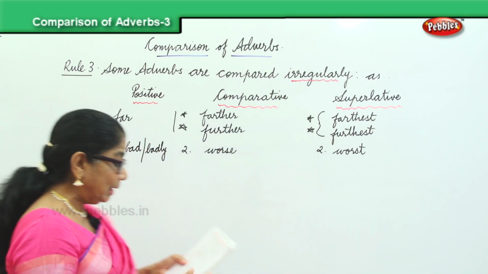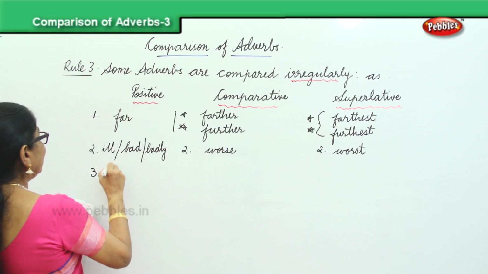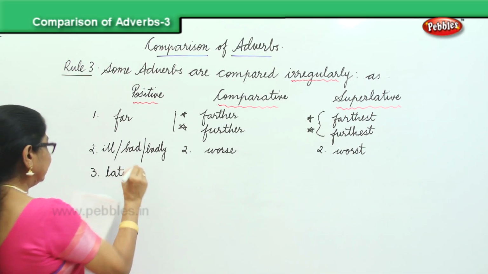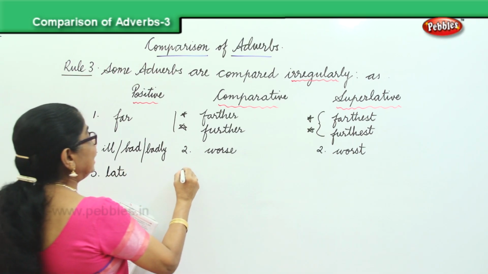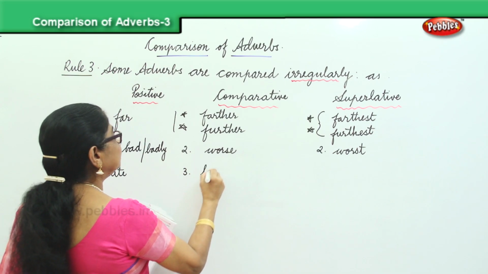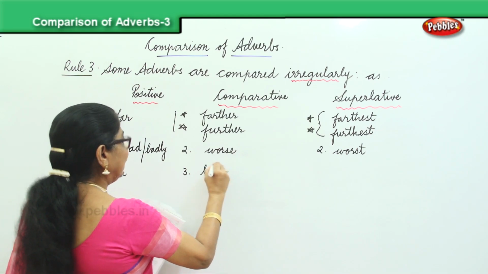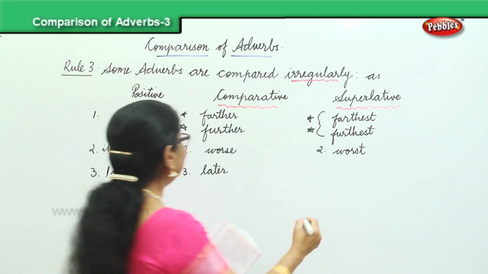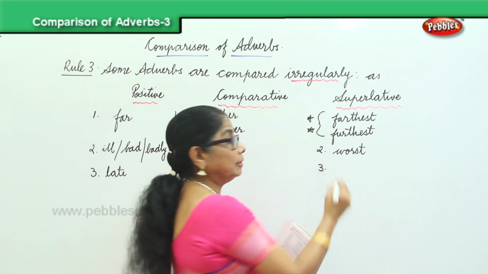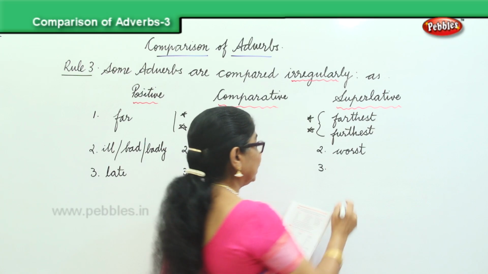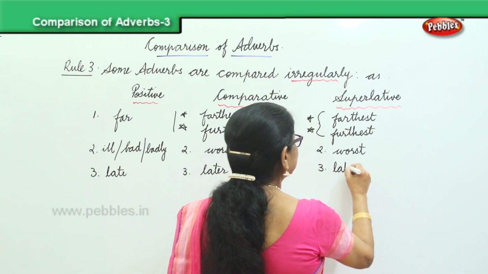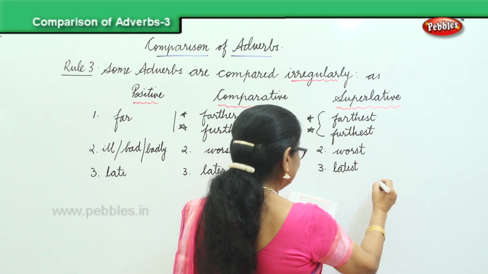Next we have late. We have the word late again here. You say later. I'll come later. Later, and then in the superlative degree, there is a change. Latest and last.